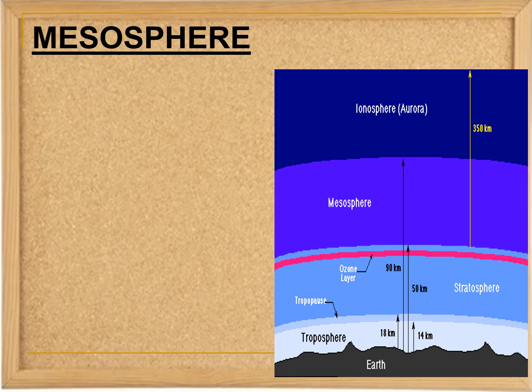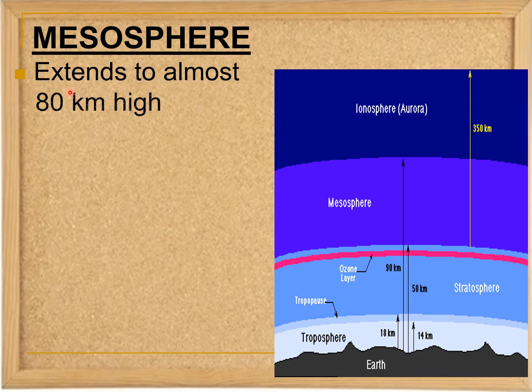Your mesosphere extends to almost as high as 80 kilometers. So it's already far higher compared to your first two layers. Here the gases are less dense, which means that as we move away from the troposphere, you can find fewer gases as we move up.